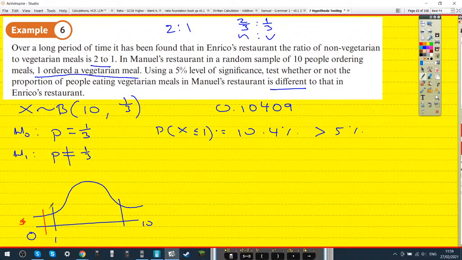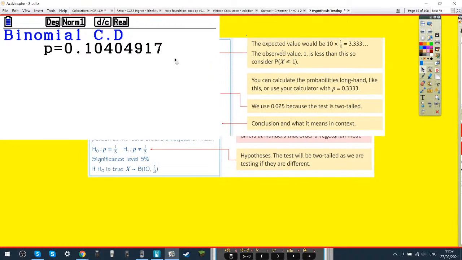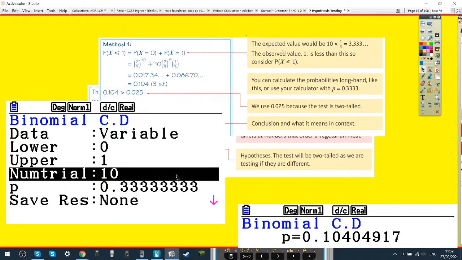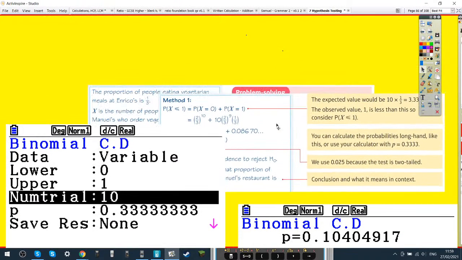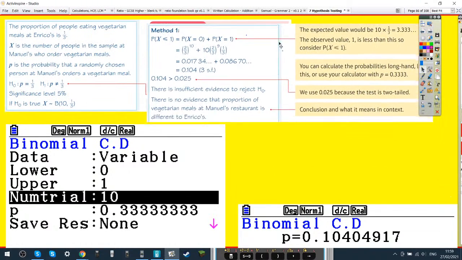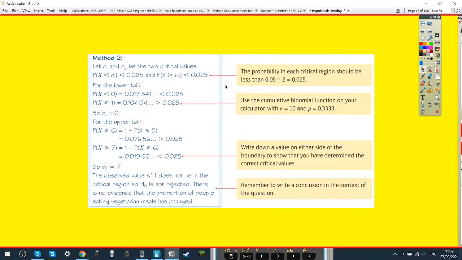This one here is like 10% of the data. And so that one is H null. There's also a trick to this one, which is it's actually 2.5% that you have to look for, even though it said 5% level of significance, because it's two-tailed. So it's insufficient, and so it's H null.